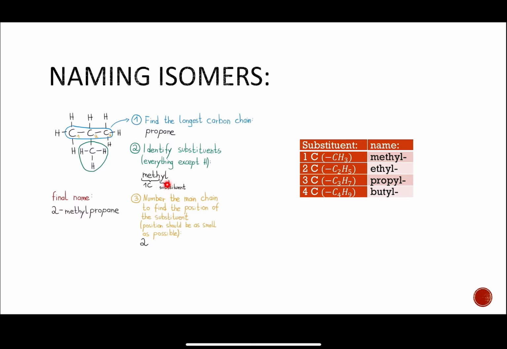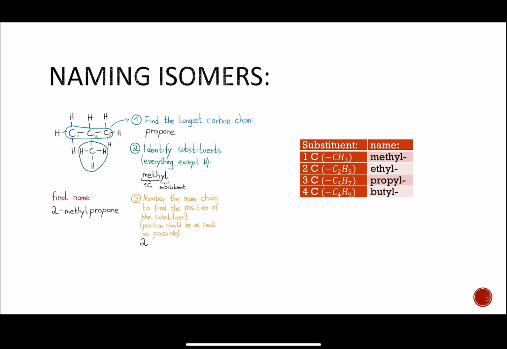So that's why the name of this substituent is methyl. If we had 2 carbon atoms as a substituent with hydrogen atoms bonded to them, then the name would be ethyl, as you can see over there in the table.